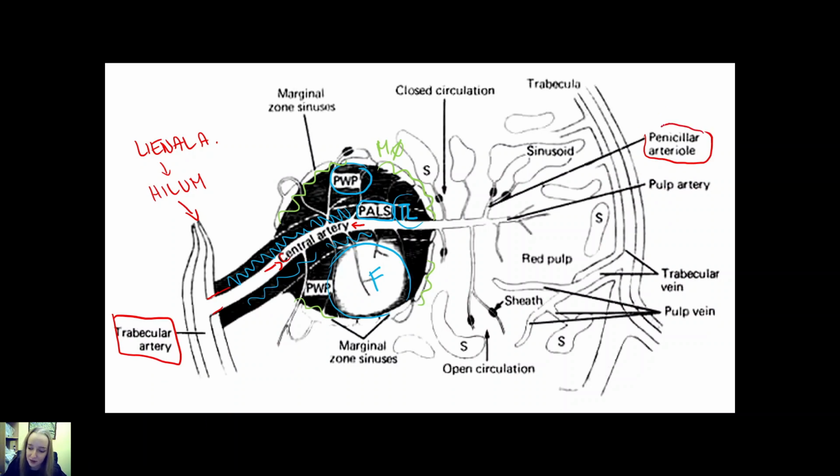Sometimes we can see them, sometimes it's harder to see them, but these penicillar arterioles branch into other arterioles over here. It's not written there, but they branch into encapsulated or sheathed arterioles.